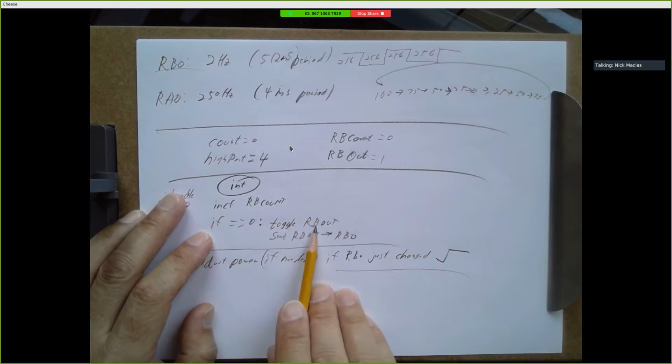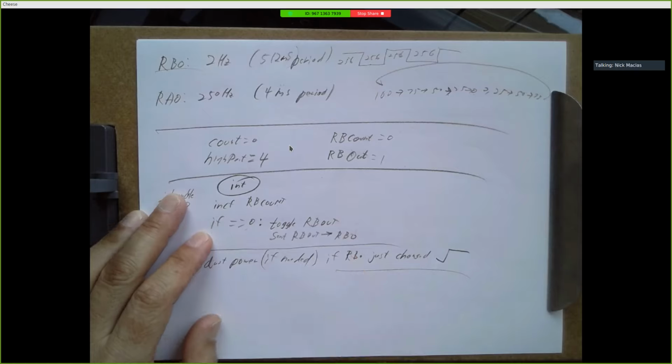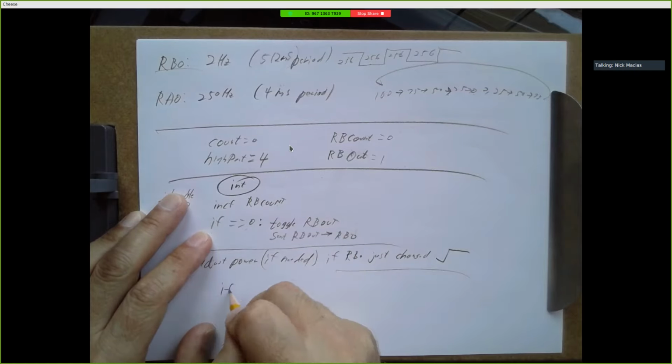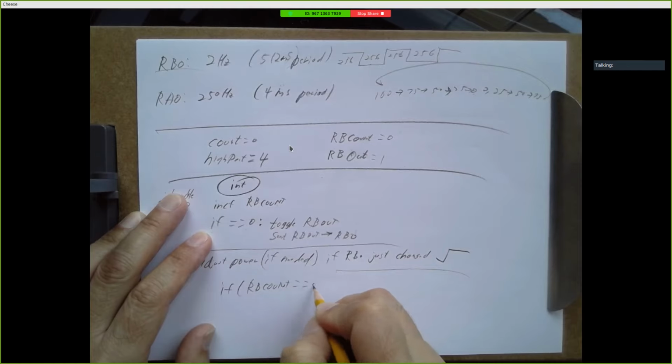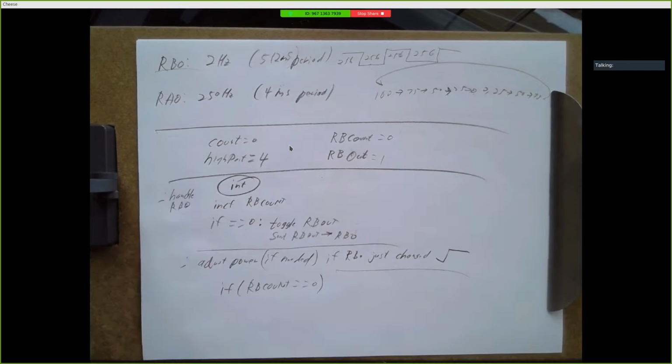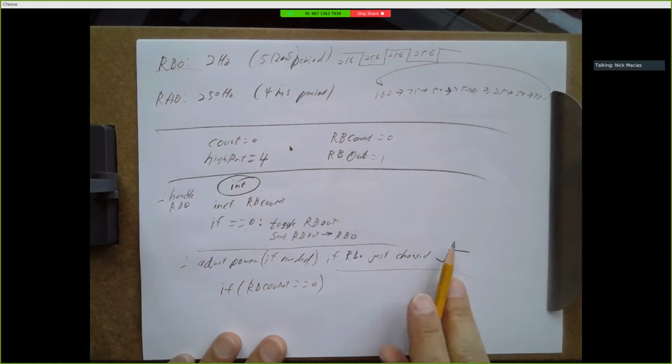I'll toggle my output. So if I want to know, did my output just change, I can say if RB count is equal to 0. That tells me my output just changed. I also want to know, is my output high? Did it just change from low to high?